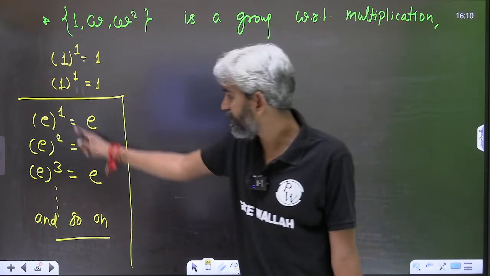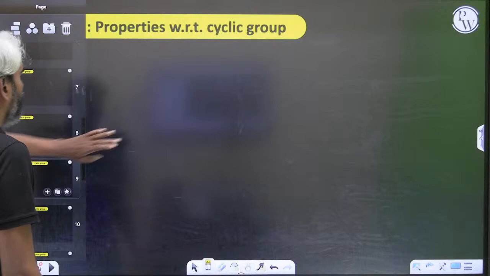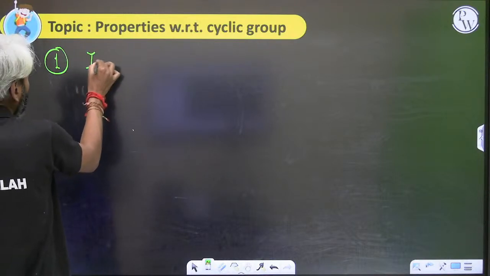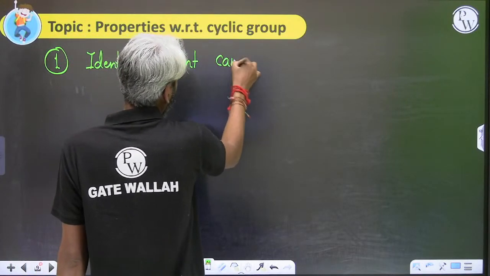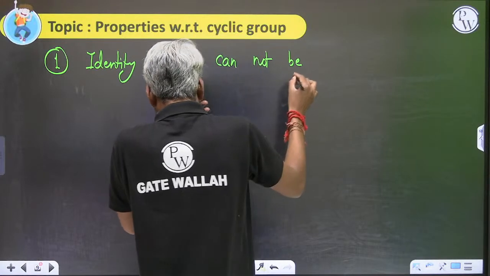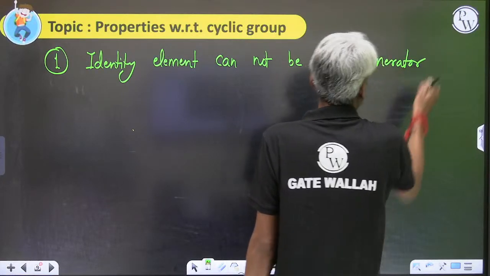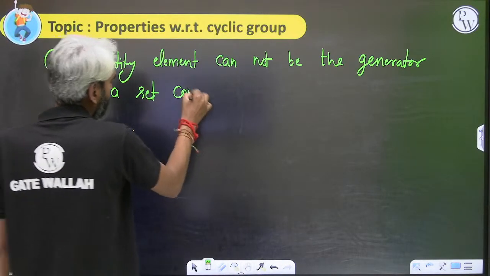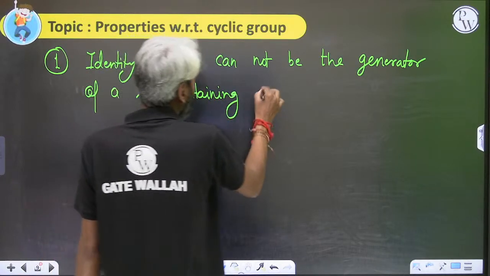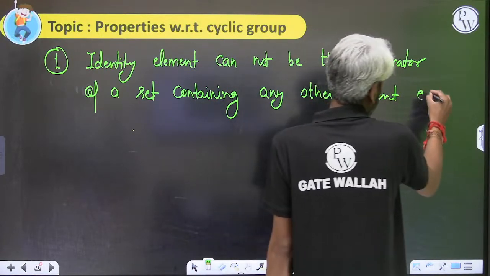One important property with respect to a cyclic group, which you can note down, is the first property: the identity element cannot be the generator of a set containing any other element except itself.